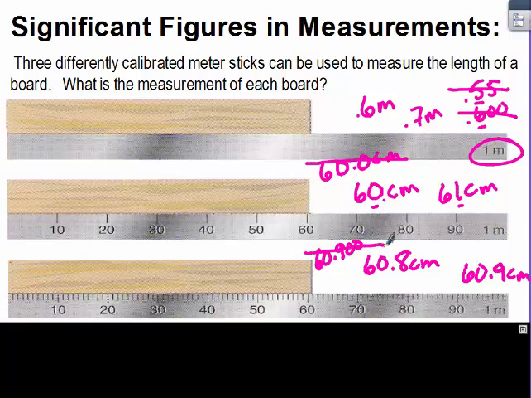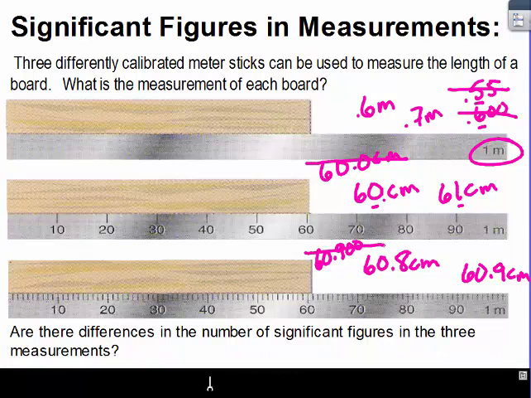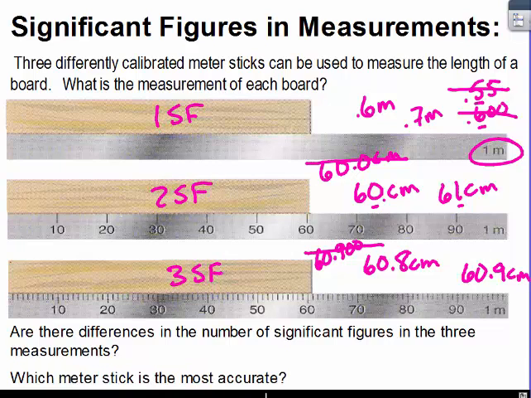Okay? So are there differences in the number of significant figures? Yes, this one I could have 1 sig fig, 2 significant figures, and 3 significant figures. And the most accurate is the one that has the most sig figs.